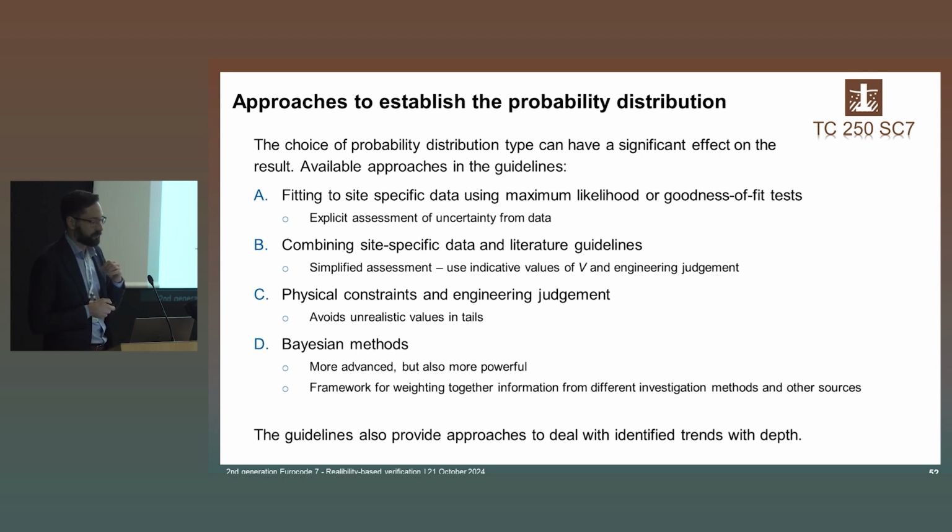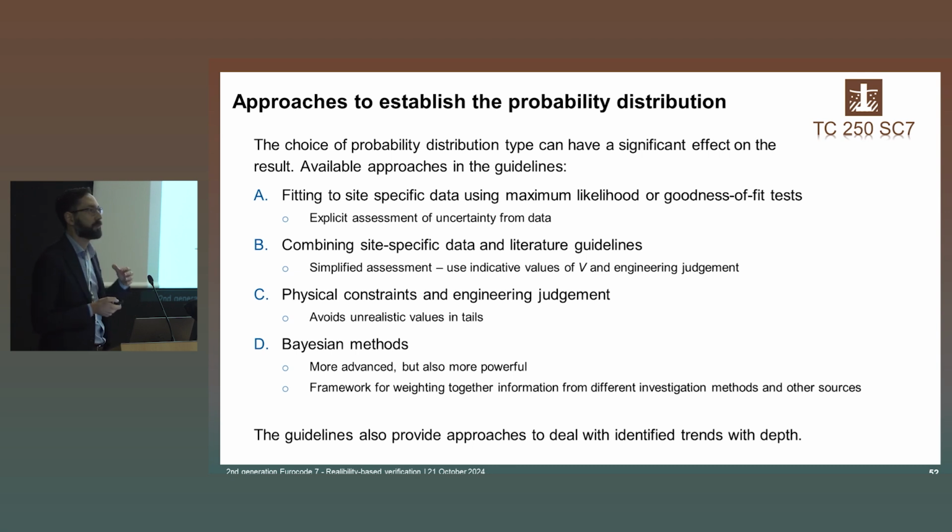Sometimes you might want to consider physical constraints and engineering judgment, and this is especially to deal with the tails, to avoid unrealistic values in the tails, so you don't have negative undrained shear strengths or something like that. That would be quite unusual in real life. We also have recommendations for how to use Bayesian methods. It is a little bit more advanced, but also more powerful.